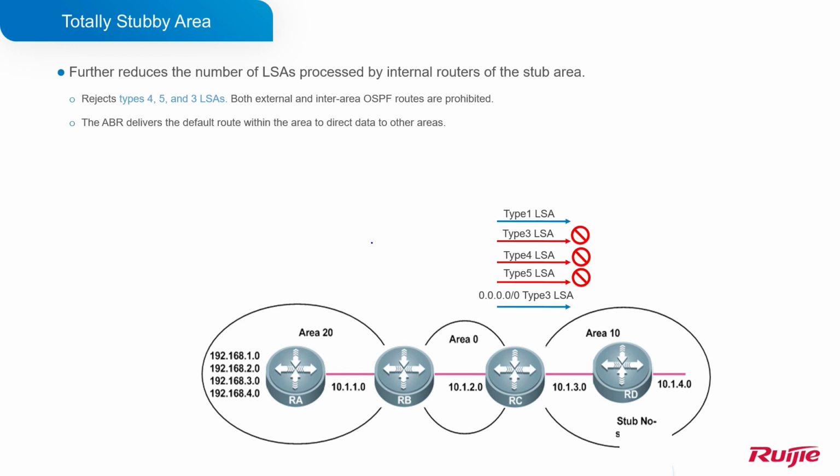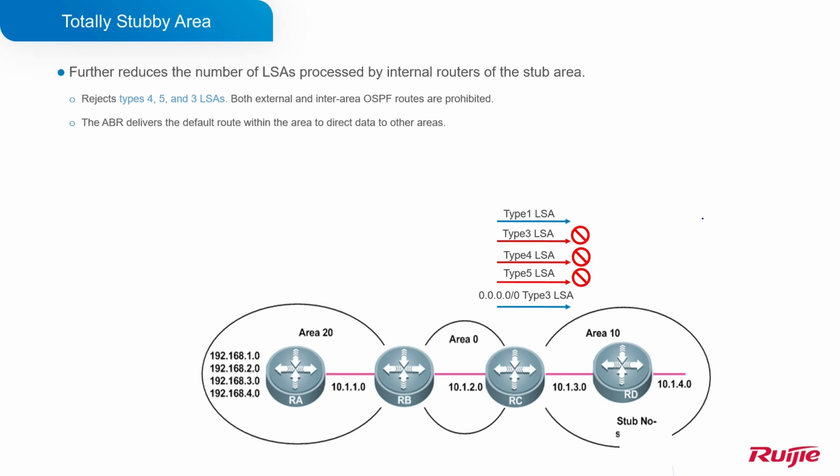So here we can see for the stub area, actually we reject the type 4 and type 5 about the external network, right? And for the totally stub area, we can reject the type 4, type 5, and even the type 3 LSA information.